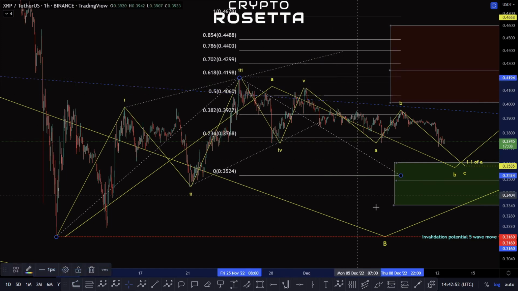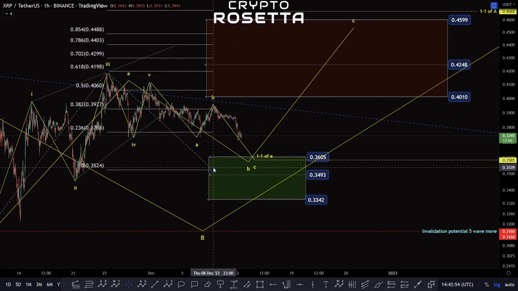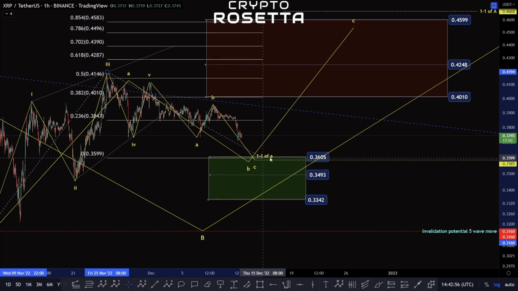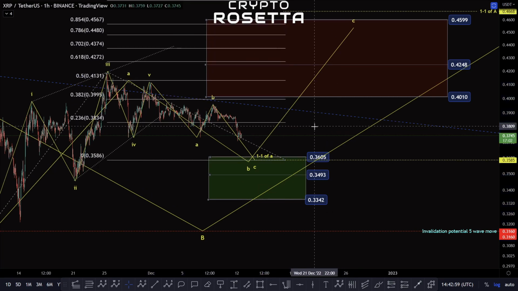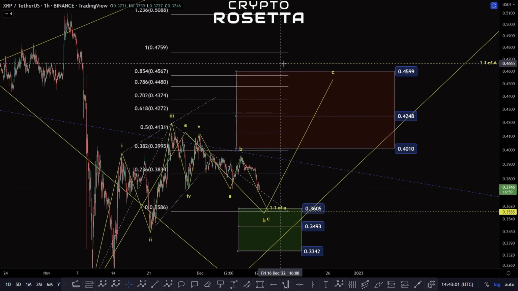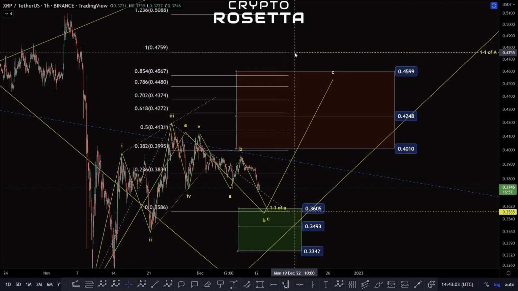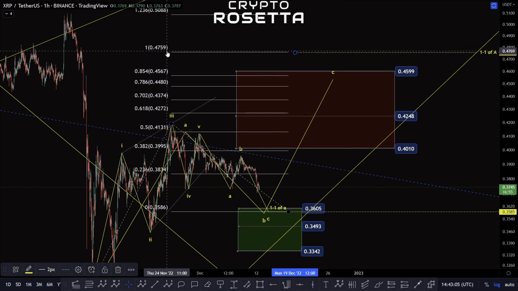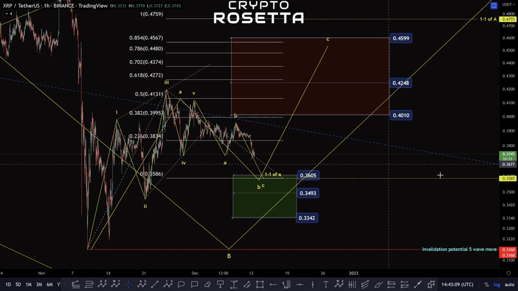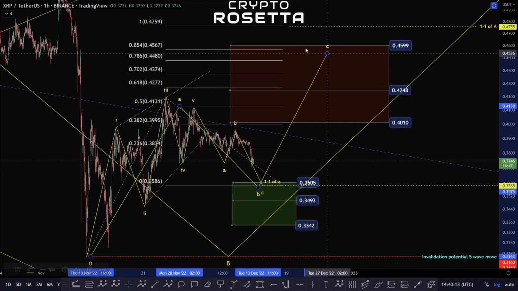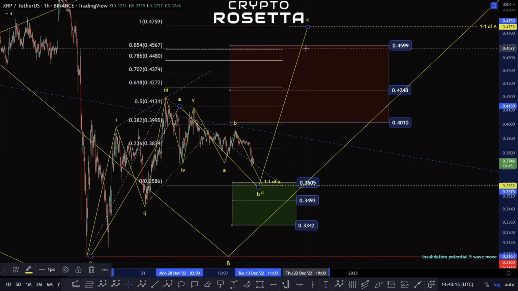Hold on, there we go. Right up there, and if we drop this onto this 1-to-1, we can see that this 1-to-1 of A brings us up towards this 47.59 based off of landing in this 0.3585 area, and that could just be a bigger ABC to the upside.